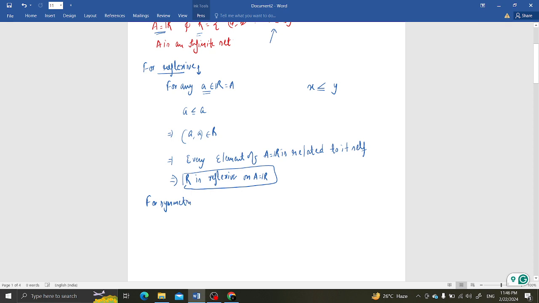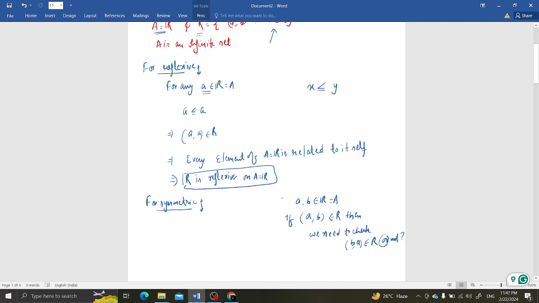Symmetric means, recall, we need to choose two real numbers a, b from the set A, and if (a, b) belongs to R, then we need to check whether (b, a) belongs to R or not.